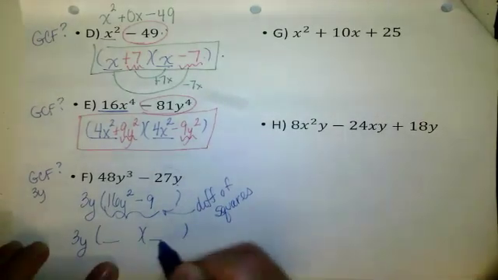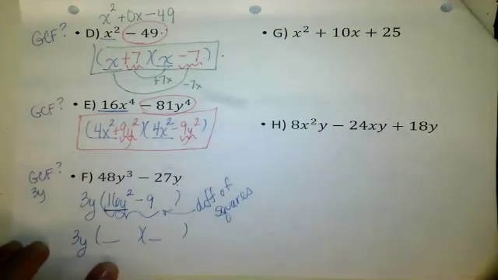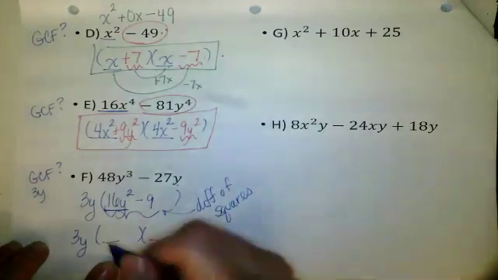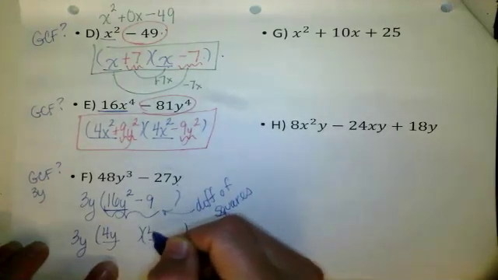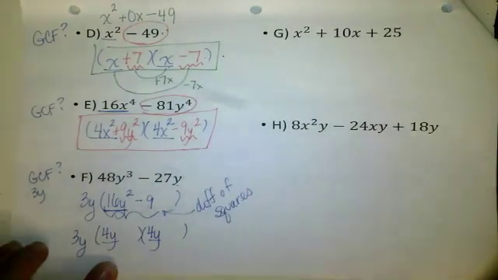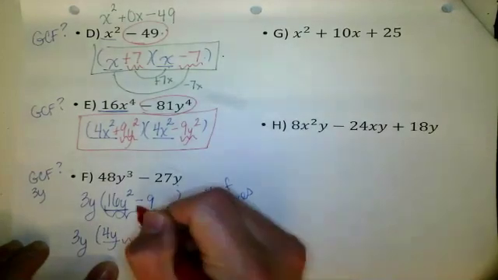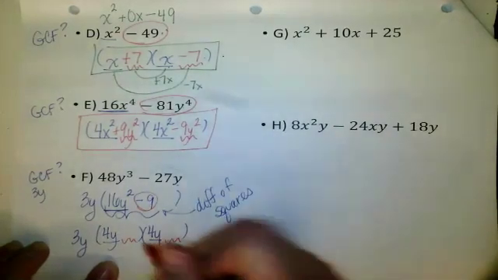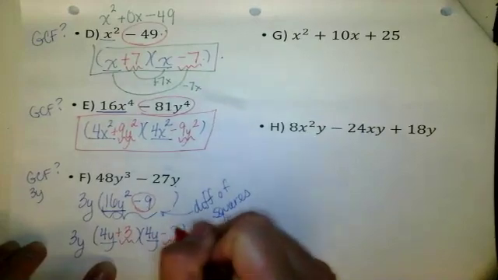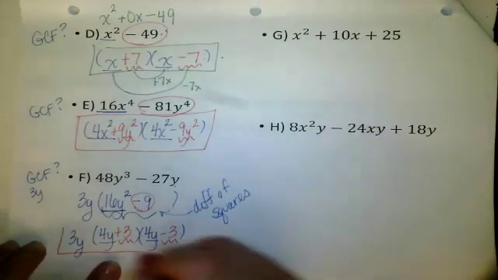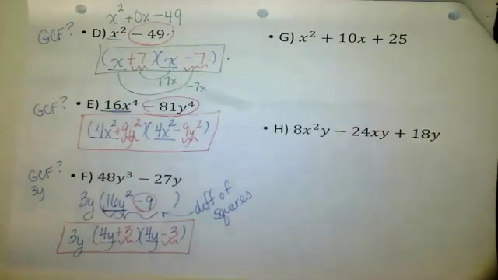First times first has to be 16y squared. What times what is 16y squared? 4y times 4y. And then last times last has to be negative 9. What times what is negative 9? Positive 3 and negative 3. And that is fully factored.